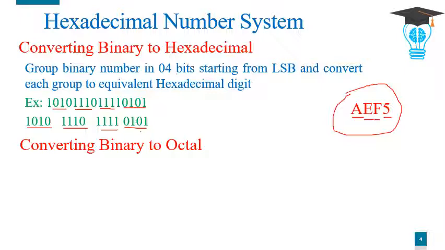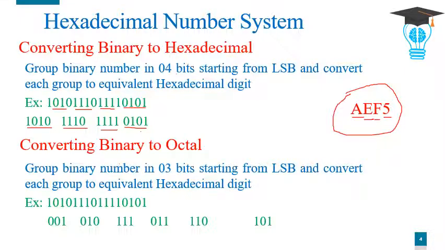Similarly, if you want to convert binary to octal, instead of grouping it as 4 bits a group, you make 3 bits a group. First group, second group, third group, fourth, fifth. One last bit is left over.